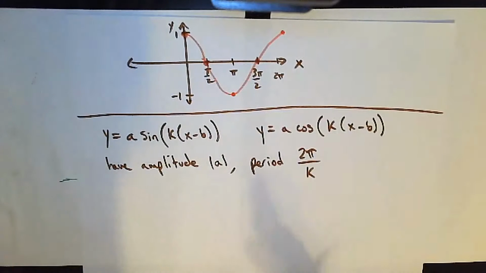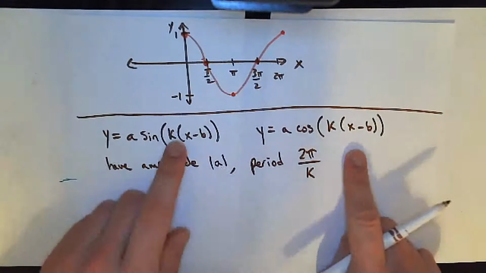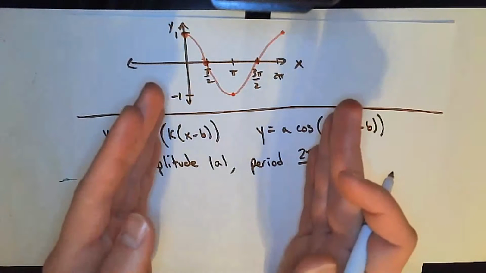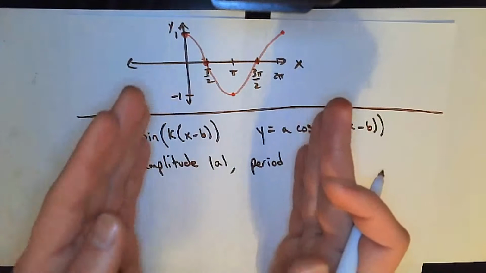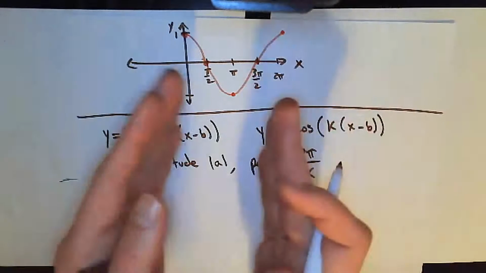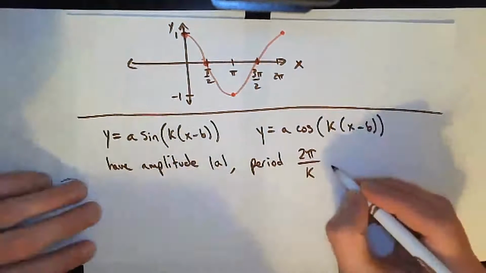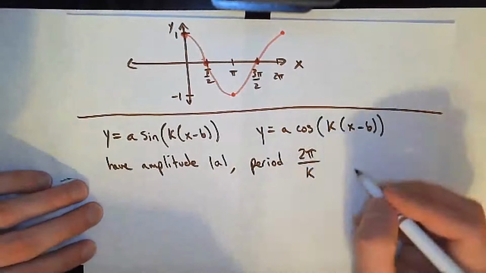So it's working the same way it did in 112, where when you multiply inside of a function, if it's bigger than 1, you're compressing the function horizontally, and if it's a fraction smaller than 1, you're stretching the function horizontally. And that's what's going on here.